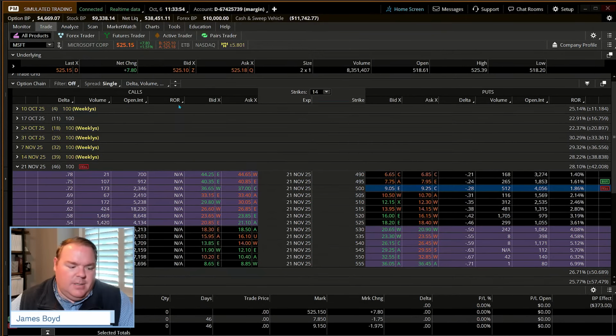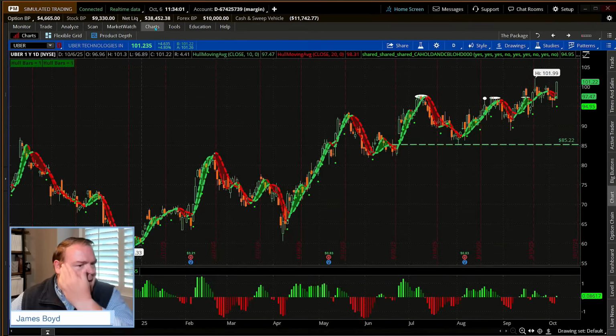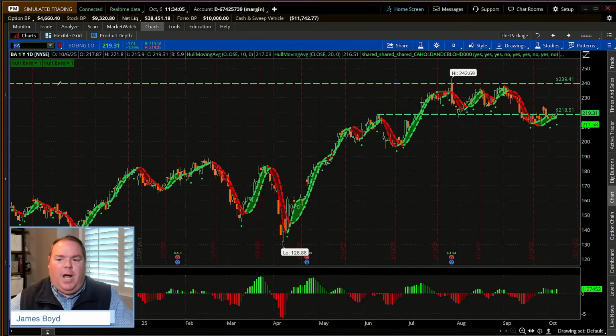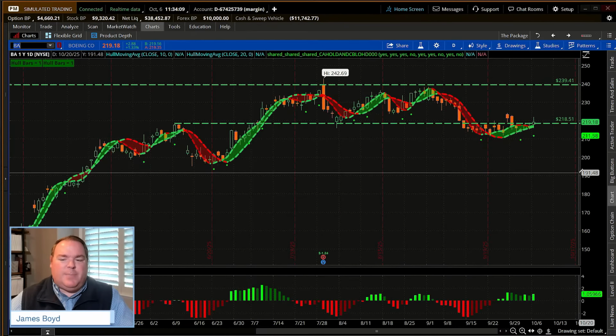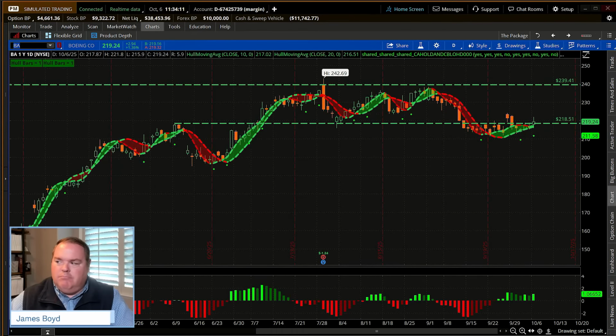Now I want to go through a couple of stocks and see what we have going on. Number 1 is Boeing, and I'm probably going to come back to it. Boeing has recently fallen below support for the second time and stayed slightly below it.